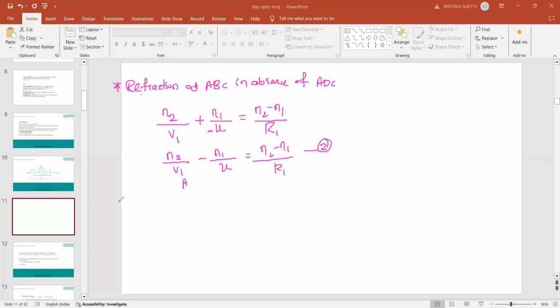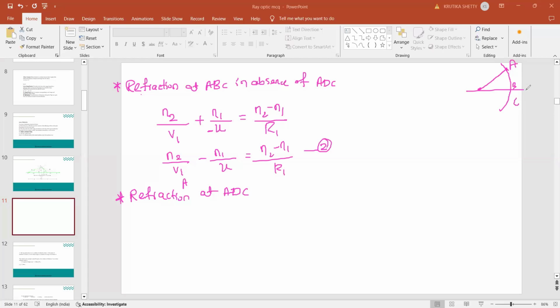So which case was this? The refraction at ABC in the absence of ADC. Now I am going for refraction at the face ADC. So now with respect to the ADC surface, here there is an object and this is your ADC surface.